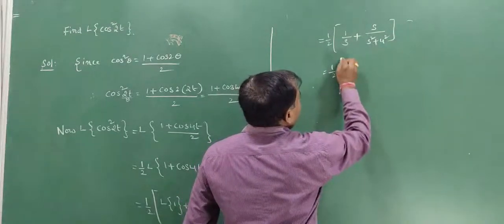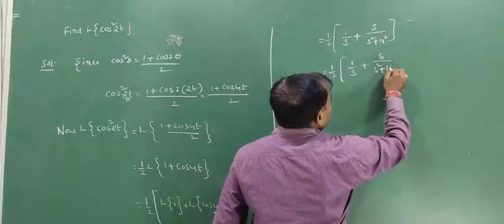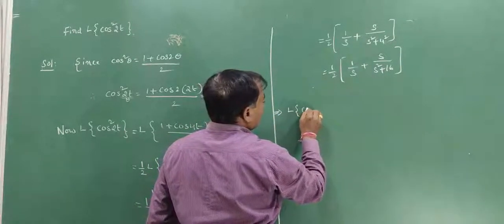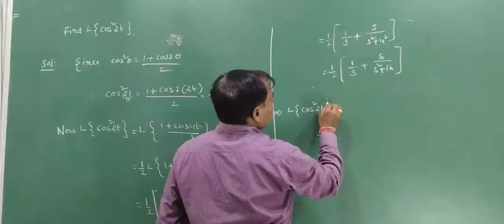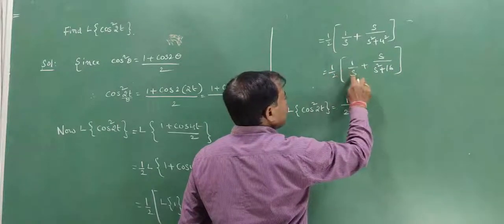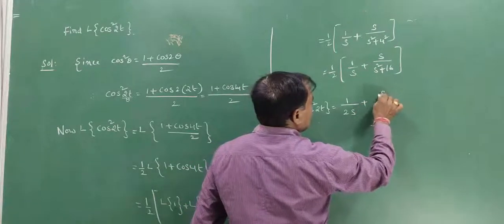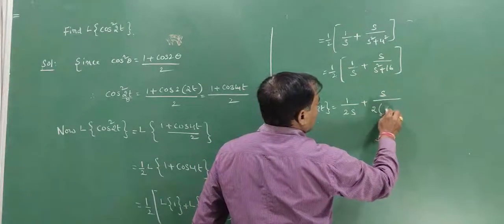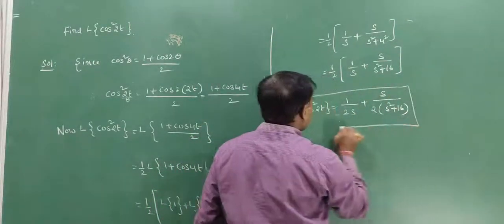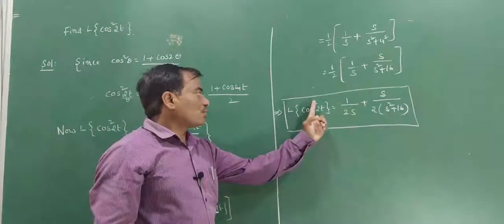So 1 by 2 of 1 by s plus s by s square plus 16. Therefore the Laplace transform of cos square 2t equals 1 by 2s, where 1 by 2 multiplies each and every term, so we get 1 by 2s plus s by 2 times s square plus 16. This is the process of finding the Laplace transform of cos square 2t.